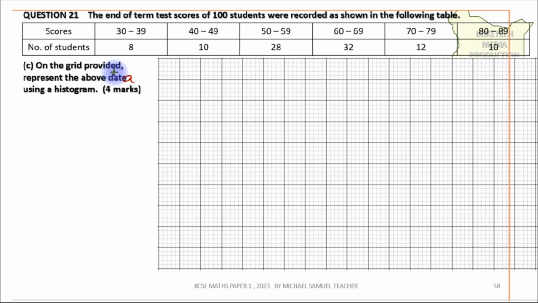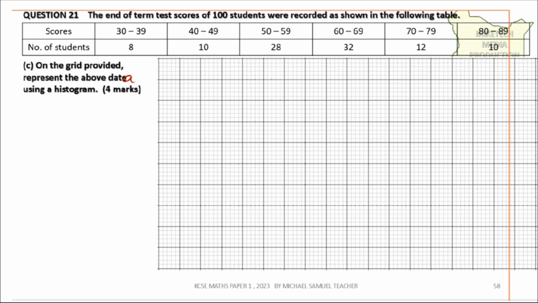And for frequency we want to use 8, 10, 28, 32, 12, 10. So the maximum is 32, and if we draw and it reaches 40, no problem, it will be alright.